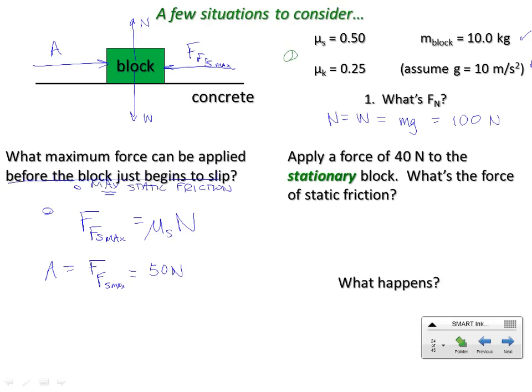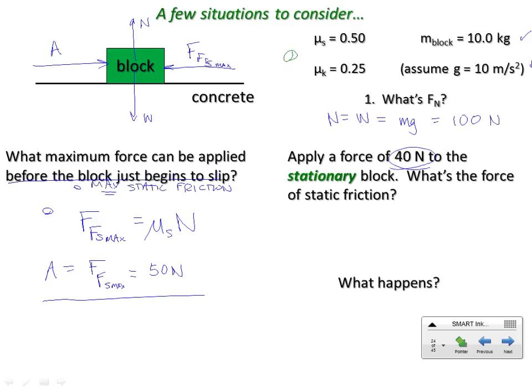Now, the question here is, what if we apply a force of 40 newtons to that stationary block? First, what's the force of friction? What we have here is the maximum possible static frictional force, but the static frictional force can range from 0 to 50. The most it can be is 50.